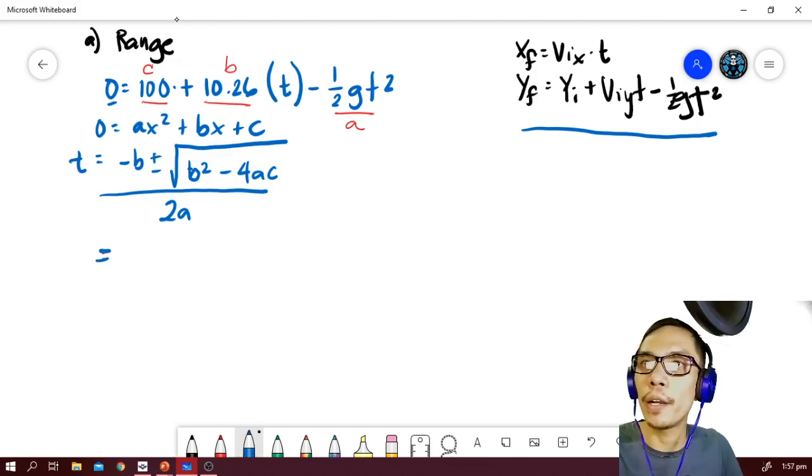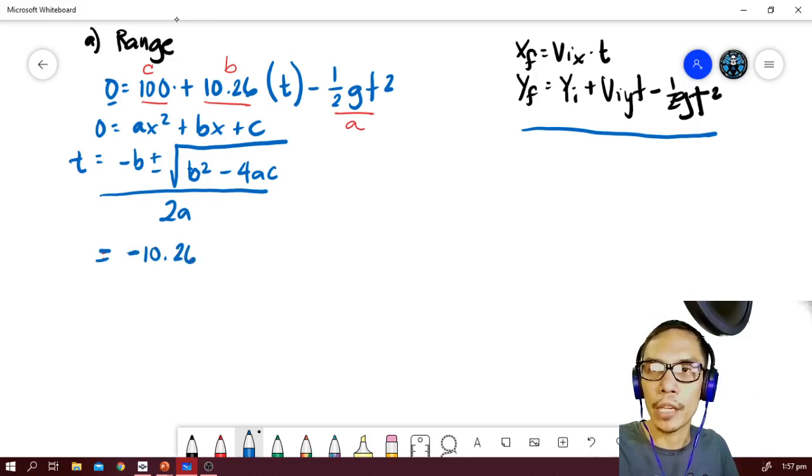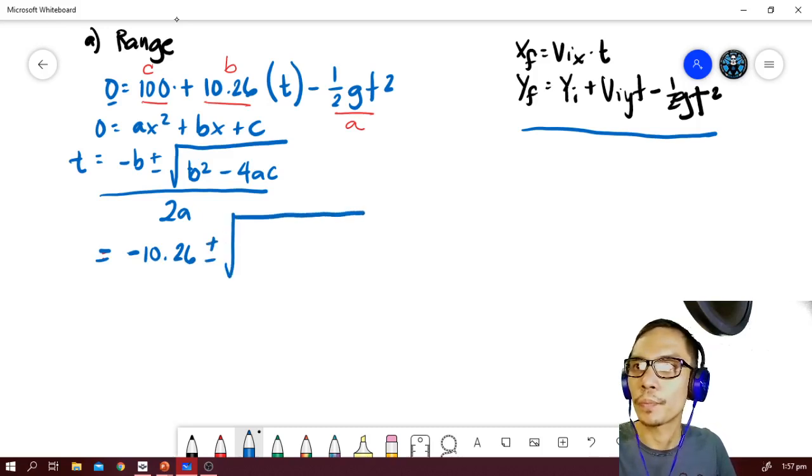For negative b, we have negative 10.26, because positive and negative multiplied is negative. Plus or minus the square root.